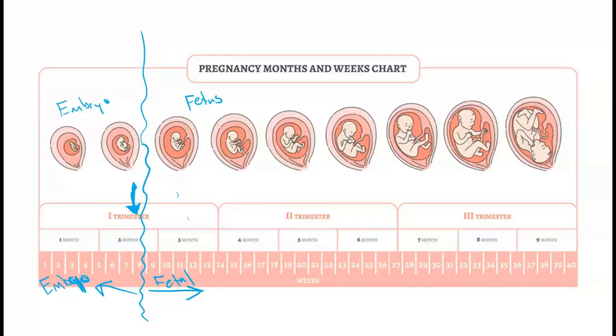Now, a baby could be born as soon as about 24 weeks. That would be a really early baby, and it all sort of depends on the mass. If the baby is less than, I think they usually say about 600 grams, it probably can't survive outside of the womb. If the baby is more than 600 grams, so that would be a little more than a pound, then it would have a chance at surviving outside of the womb.